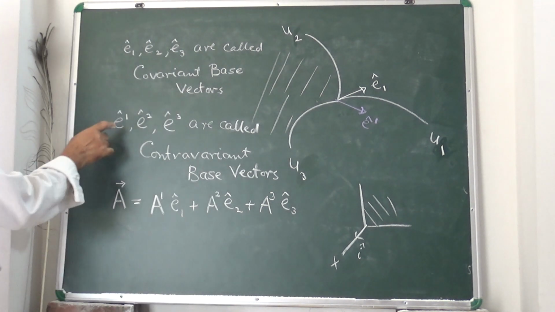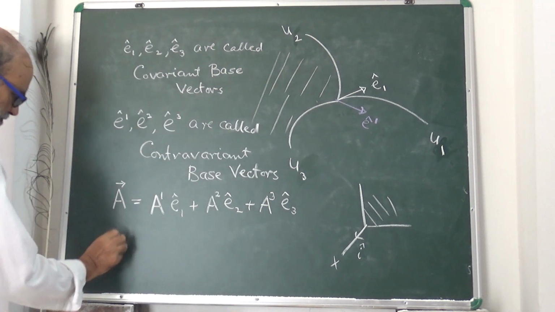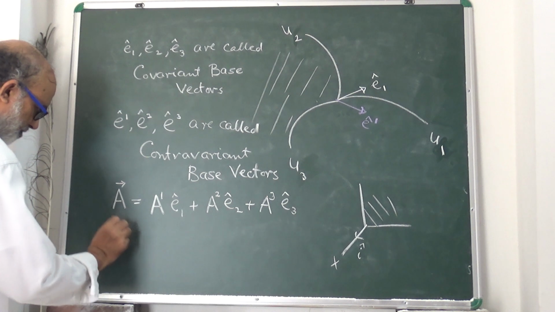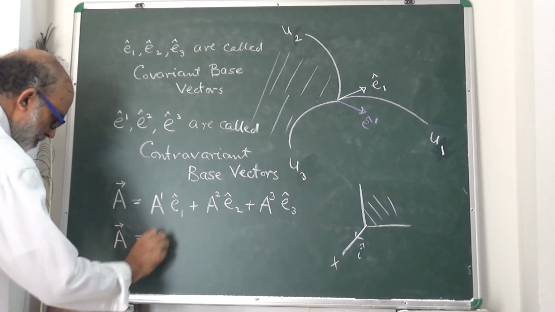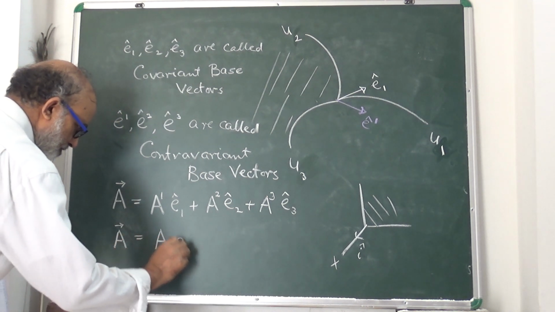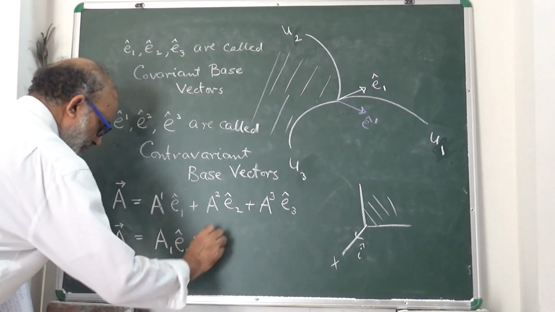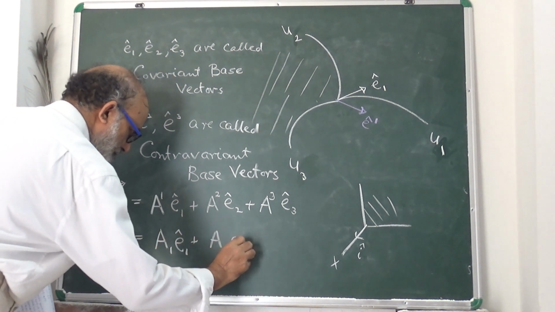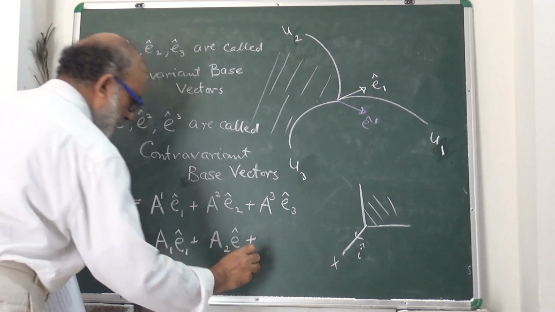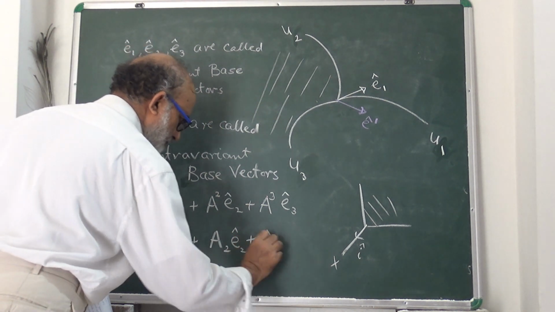And if you want to write it on the other base vector, the same vector can be written as A1, A2 plus A3.